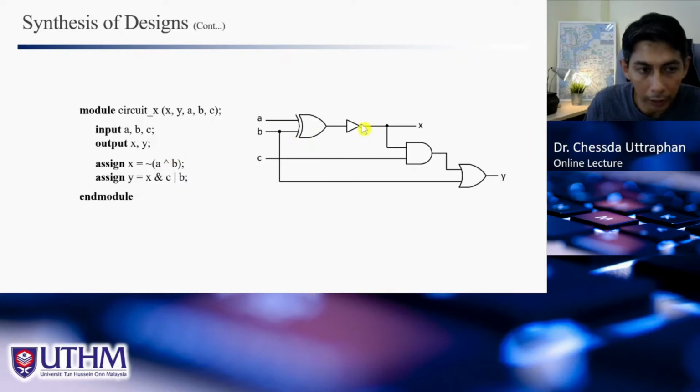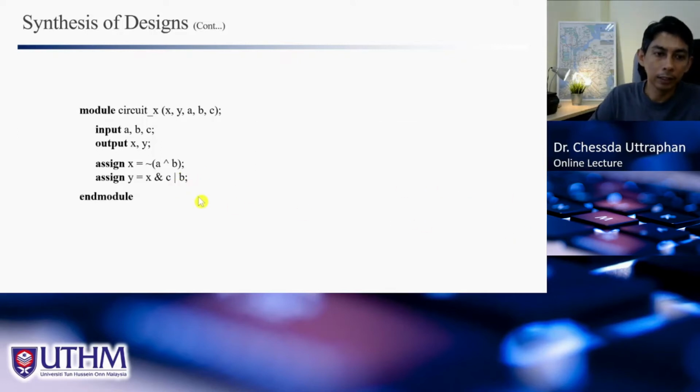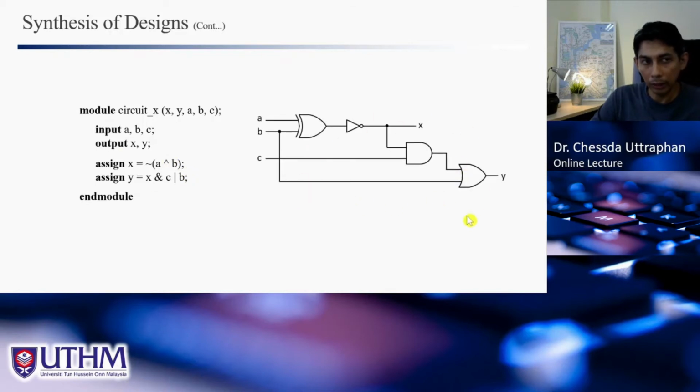This is A XOR B, not, and we get X. And Y is X and C, so this is X and C and OR with B, and we get Y, all right? So meaning that this code will be synthesized into this circuit.